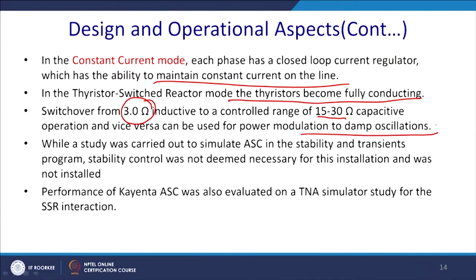When damping is required, current will flow through L and R to reduce the SSR, that is subsynchronous resonance. While a study was carried out to simulate SSR stability in the transient program, the stability control was not deemed necessary for the installation and was not installed.